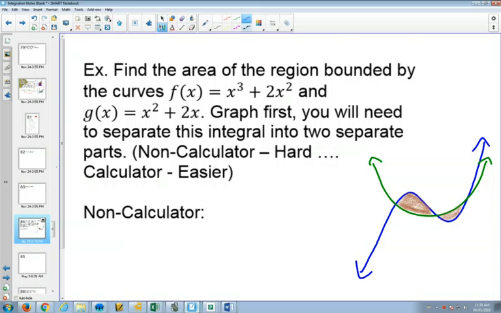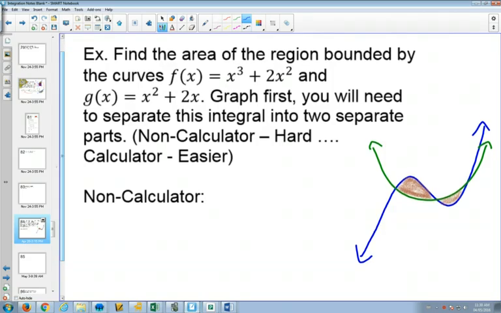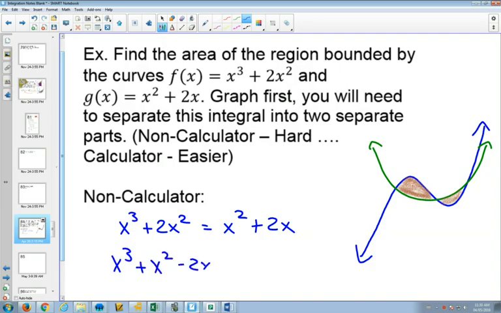First of all, though, we need to find out whether or not these do intersect with each other. Okay? So if we set them equal to each other, we would have x cubed plus 2x squared equal to x squared plus 2x. Now, as far as putting this together and solving this, we'd move everything over to one side to make it equal to 0.